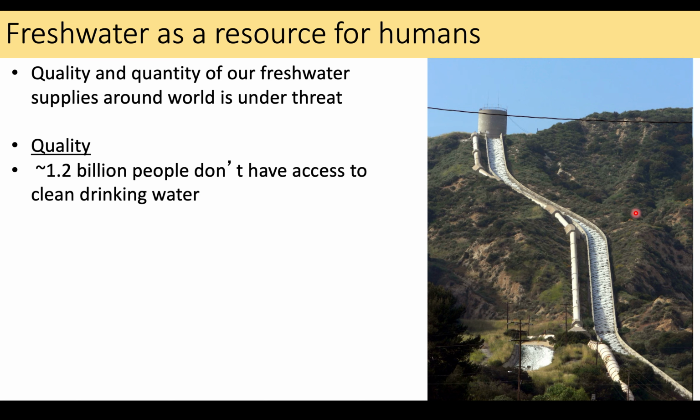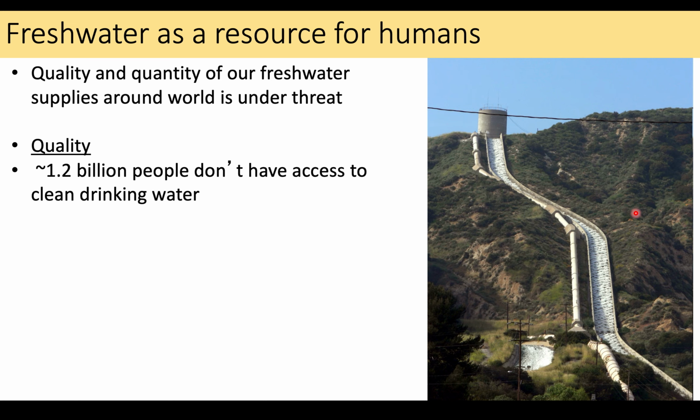Fresh water is a huge resource that we absolutely need. But there's two factors that really play a role, those being quality and quantity. So for our freshwater supply, in terms of human use, we need a certain quantity, but we also need a quality.